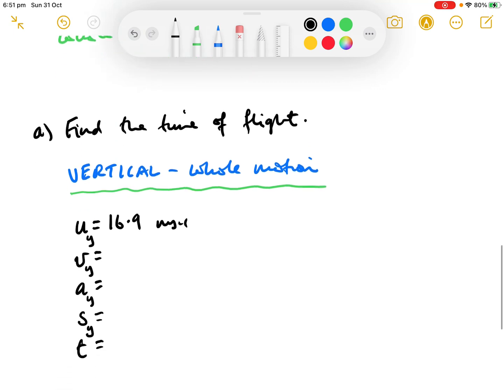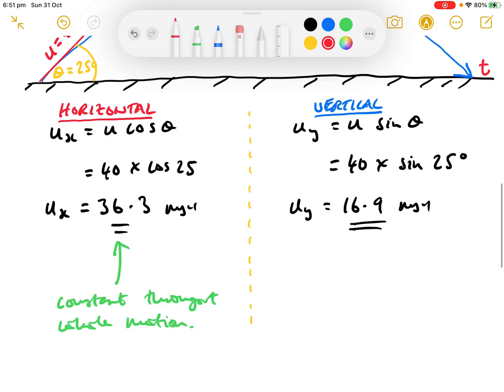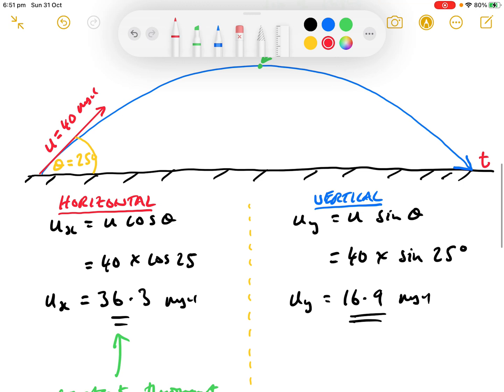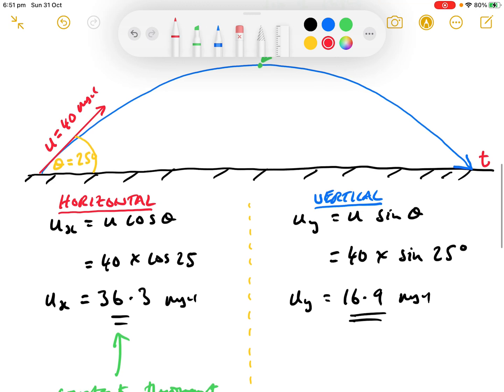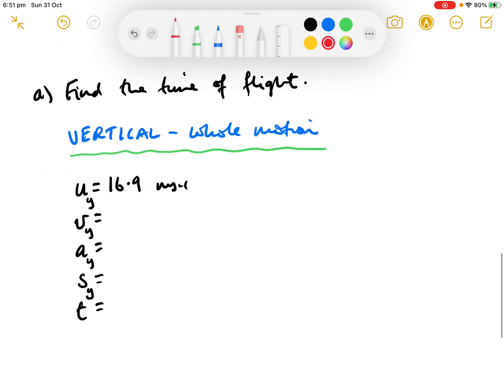Now, I'm dealing with the whole motion, and a hidden bit of information is that by symmetry, if I'm launched vertically at 16.9, then I'm going to return vertically at minus 16.9, so I can actually put in minus 16.9 in there. That's a hidden bit of information.